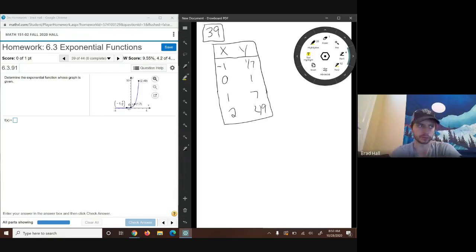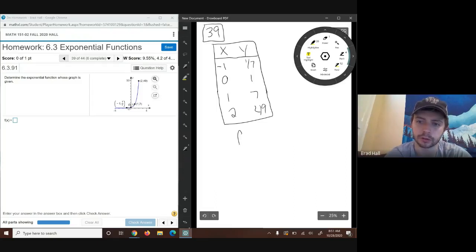You might remember this from example 2 from the notes. We did this exact same problem, and we're trying to figure out what the exponential function is, which every exponential function takes on the form, in one way or another, a times b raised to the x.